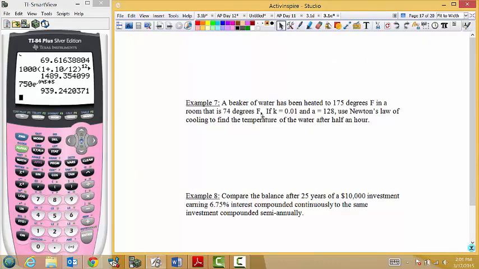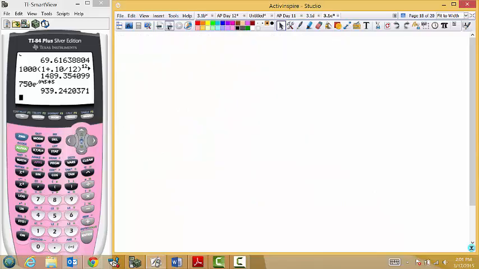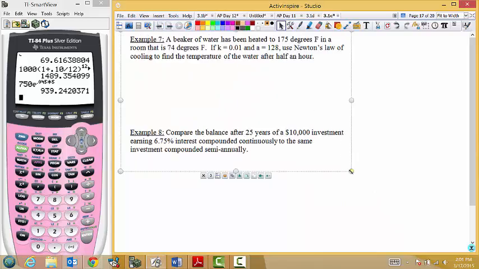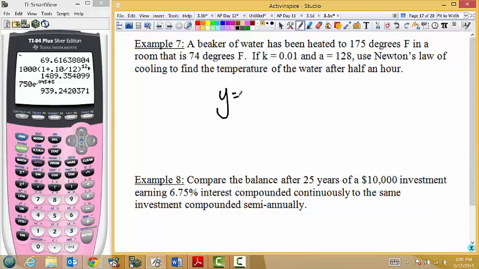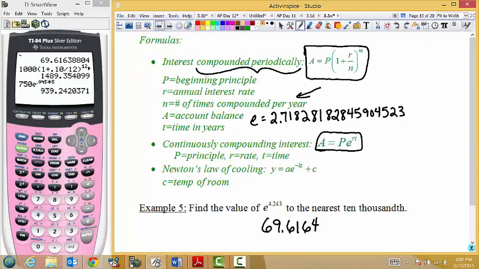And then we have Newton's law of cooling. It says a beaker of water has been heated to 175 degrees in a room that is 74 degrees Fahrenheit. If K is 0.01 and A is 128, use Newton's law of cooling to find the temperature of the water after half an hour. And it's Y equals A E to the negative KT plus C, where C is the temperature of the room.